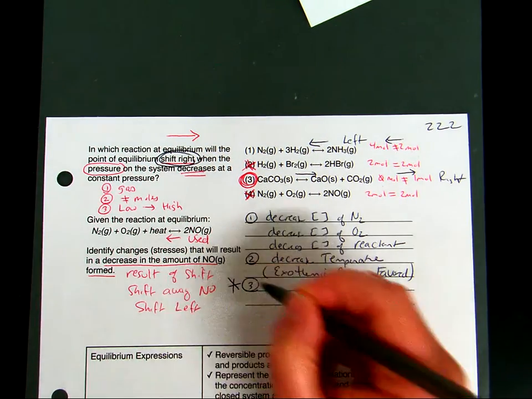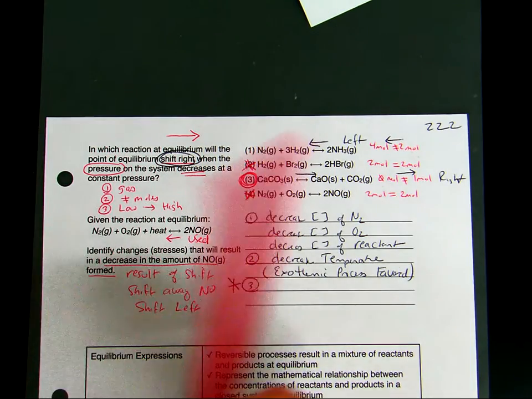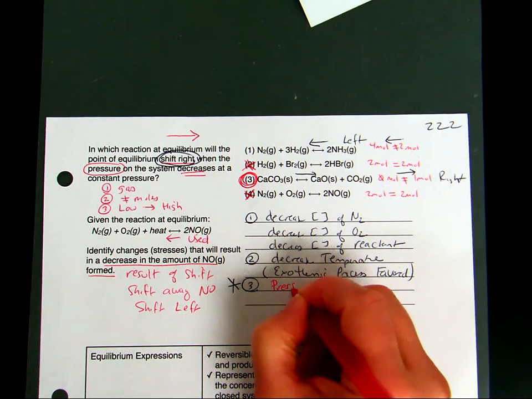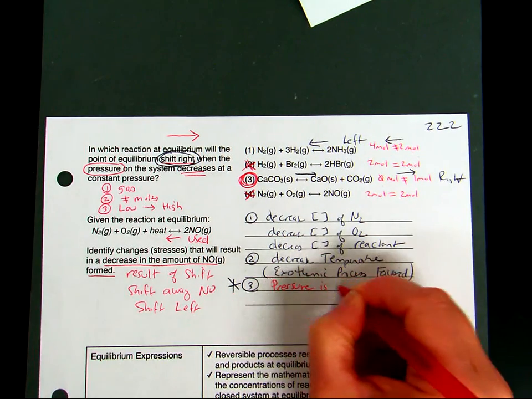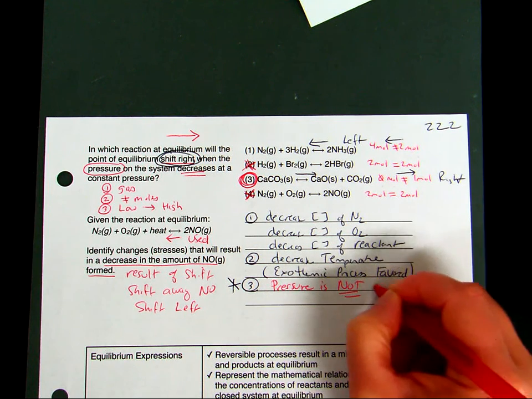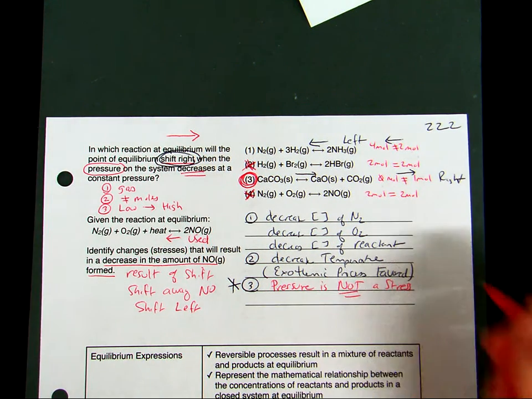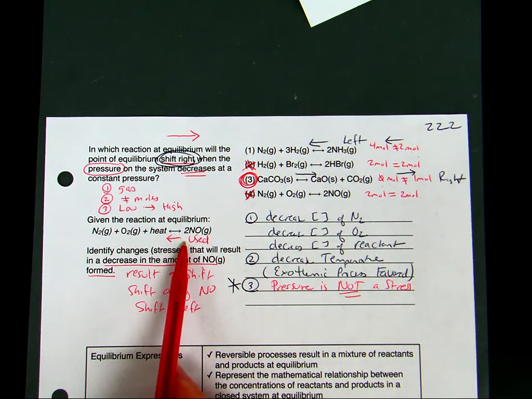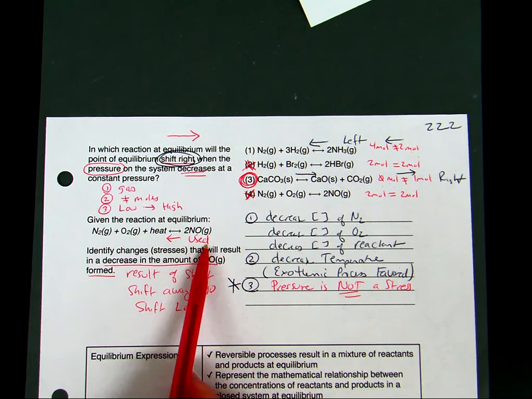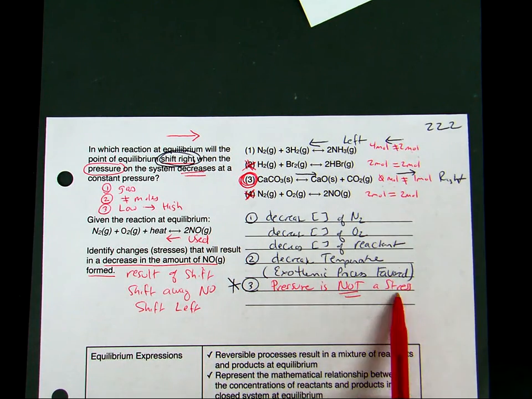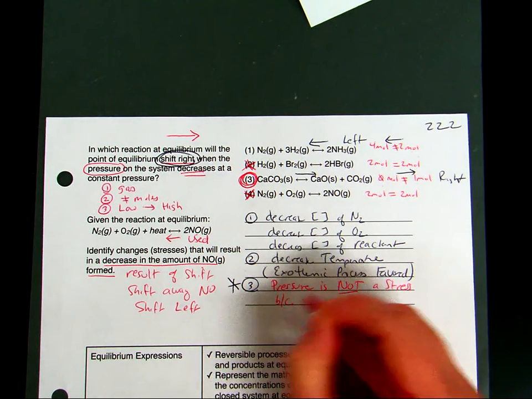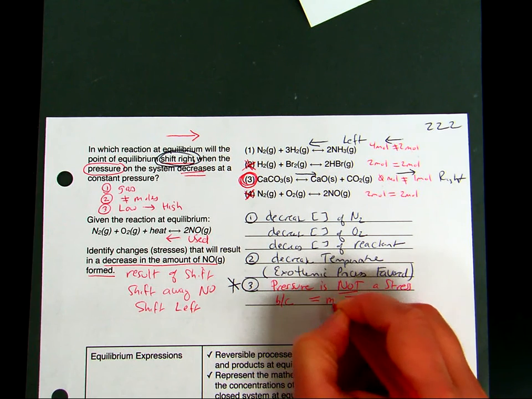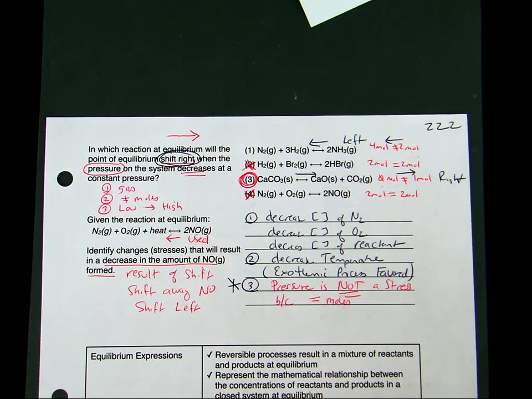So write yourself a note, and I'm going to write this in red: pressure is not a stress. We can change the pressure of the system, but it will not make it shift to the right or to the left. Pressure cannot be used as a stress because there are equal moles, so the change in pressure does not favor one reaction over the other.